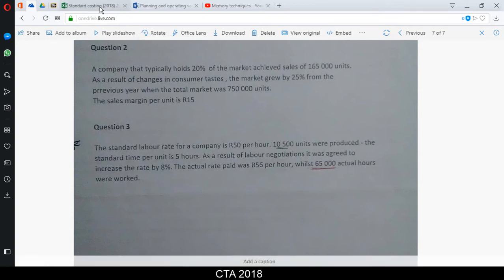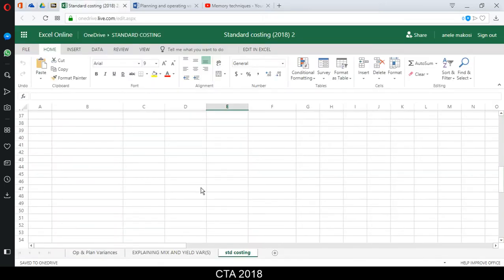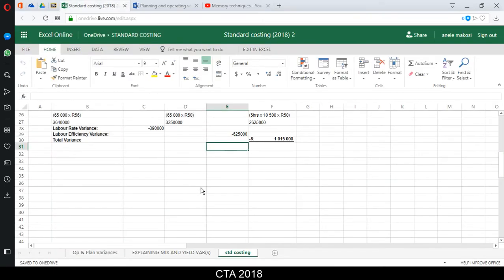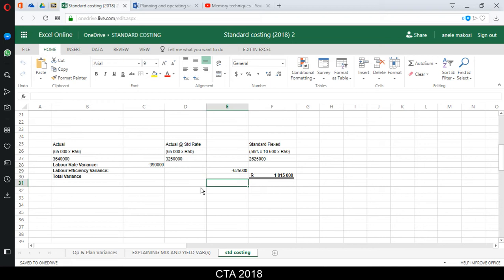Now, this is how I would have determined my variances. I have my actual, I have my actual hours at standard rate, I have my standard flexed. The actual is the actual hours of 65,000 multiplied by the actual rate, which is 56.